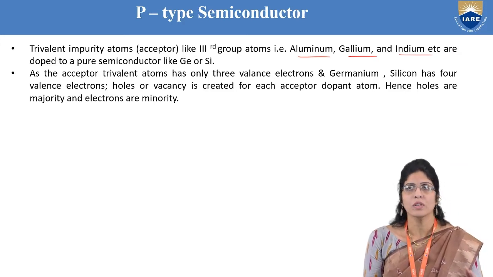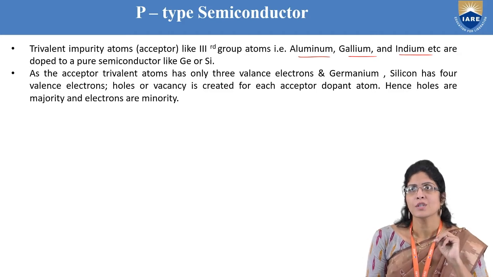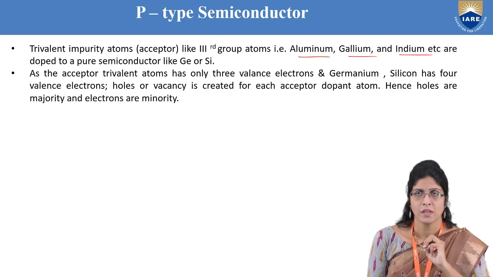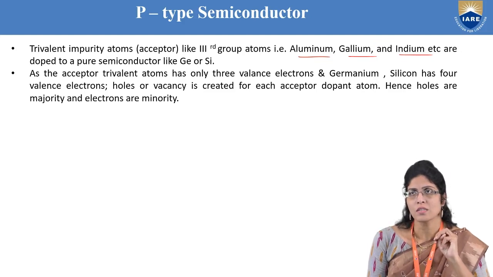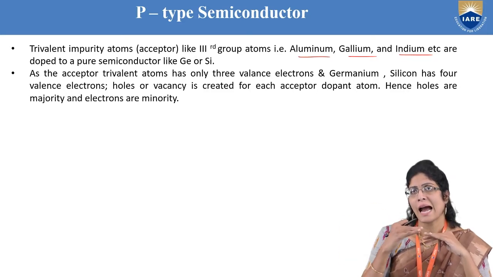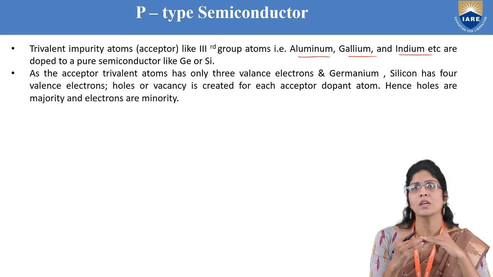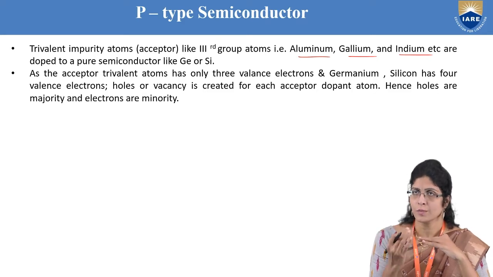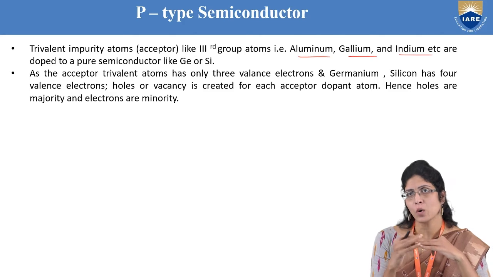Whatever you are adding to the silicon has only 3 valence electrons. If it has 3 valence electrons, then what will happen to the other state? Silicon has 4 valence electrons, and the 3 electrons of the dopant, which is aluminium or gallium or indium, will be covalently bonded, but one remains as a hole.